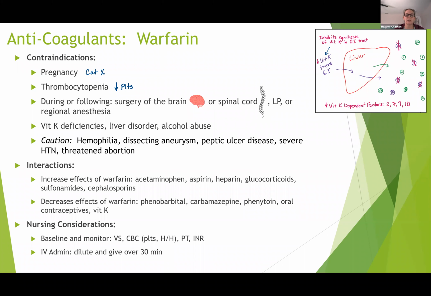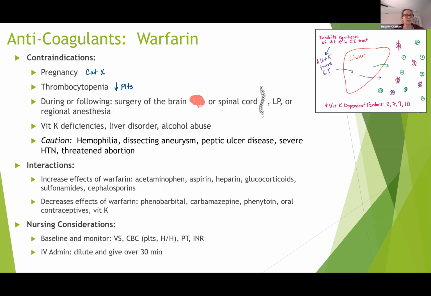So if the liver's trying to detox your alcohol from your bloodstream, it can't also turn around and be making these factors. Whenever alcohol is involved, it's taking up time and energy of the liver, so it can't do something else. And the liver does a lot of jobs.